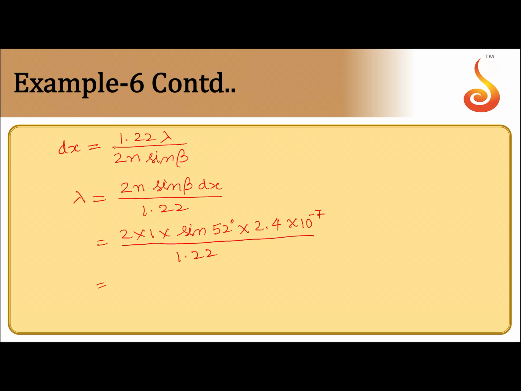So now first find sine of 52 degree. You can use log tables for this. Sine of 52 degrees is 0.7880. So this reduces to 2 into 0.7880 into 2.4 divided by 1.22 into 10 power minus 7. Now simplify this.